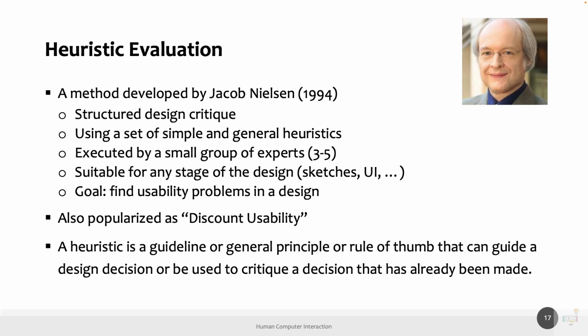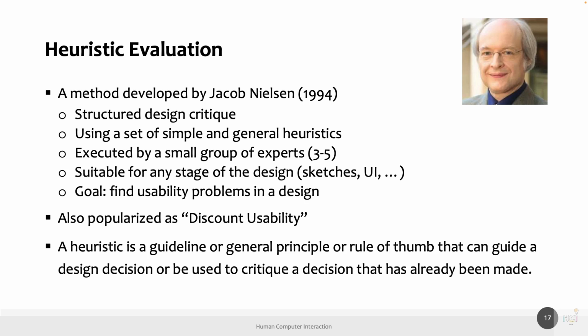Okay, you generate evidence on the basis of these heuristics that are in some ways validated, so it's not a subjective evaluation, it's more objective. Again, it's executed by a small group of experts, 3 to 5, and we will see why there is this magic number. And again, the goal is to find usability problems in a design.